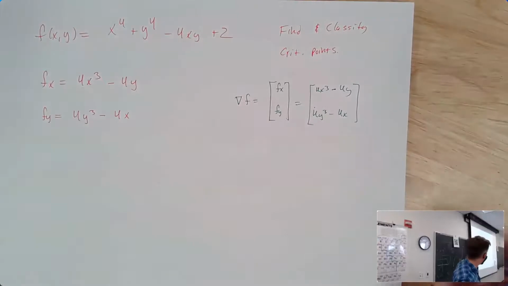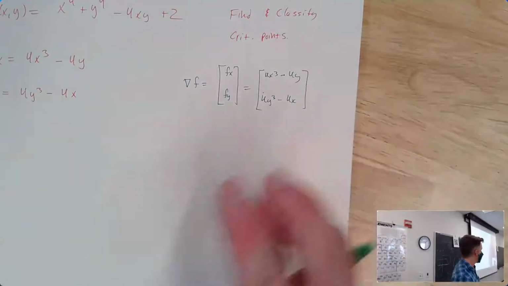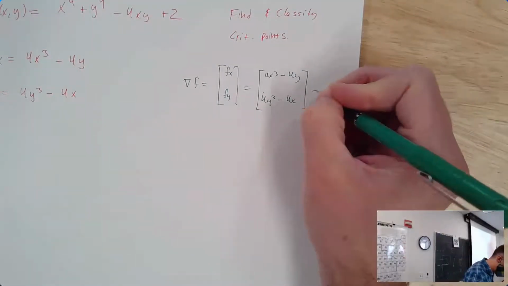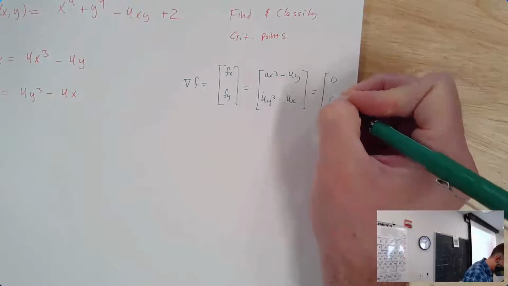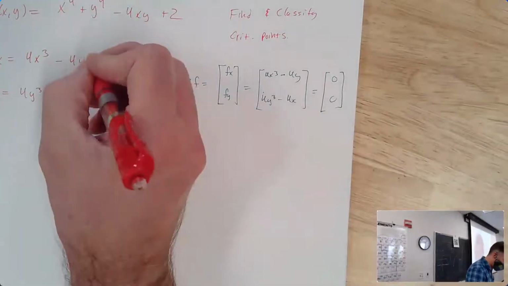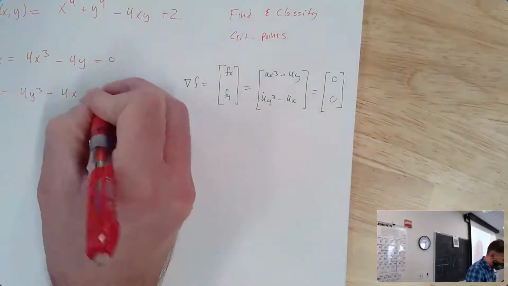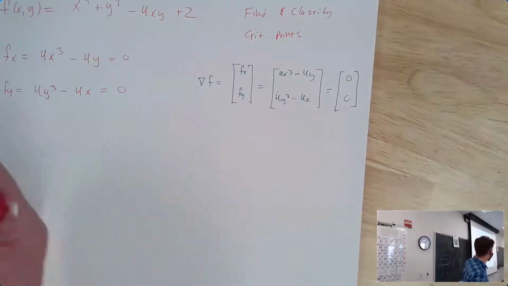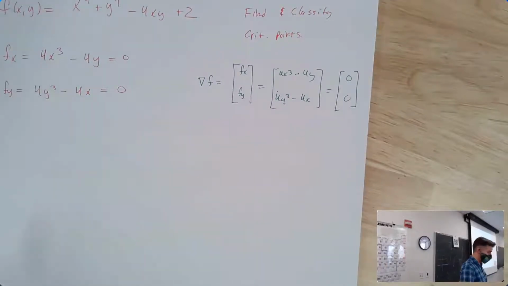Although I will say the one thing about writing it this way is it might be extra clear that both things have to be 0 at the same time. Whereas when you write it here, it might not be so clear that we need both fx and fy to be simultaneously 0.